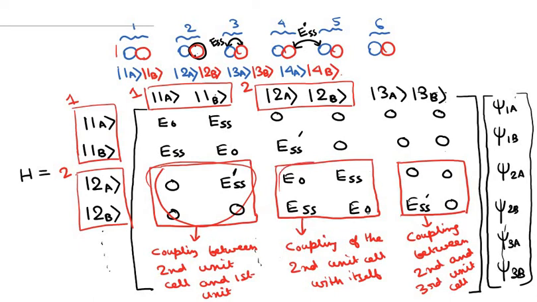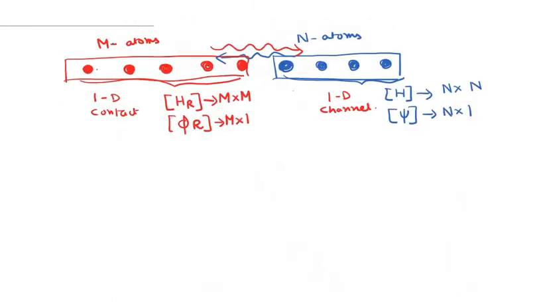This was the coupling of the second unit to itself, and this was the coupling of the second unit to the third unit. So if we define units in the case of the dimer, we have sub matrices within the matrix which define the coupling of one unit to another.